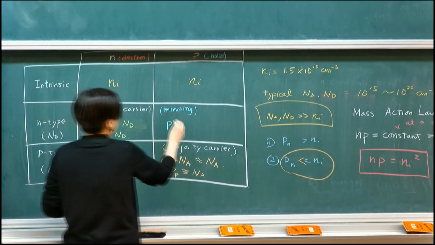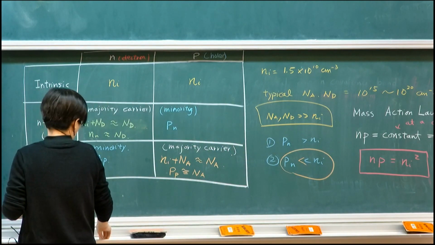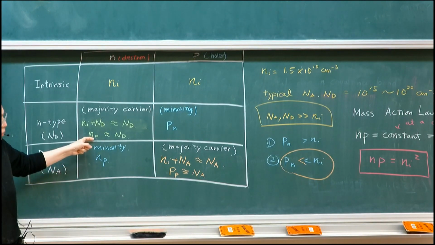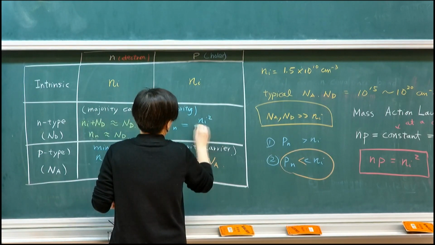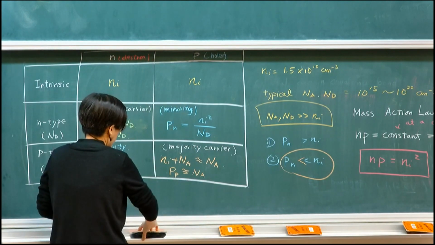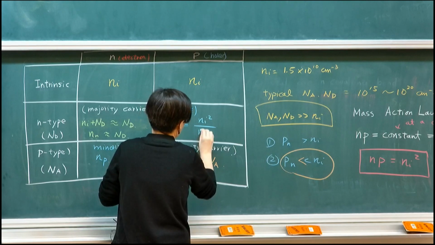So then, if we follow that law, this will give us, let me use the same color, because I already know the number of electrons, therefore I know this will be Ni squared divided by Nd. I should say Nn.